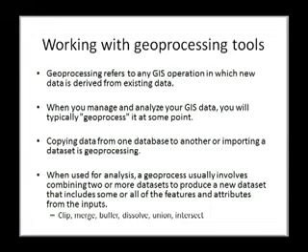When geoprocessing is used for analysis, it usually involves combining two or more data sets to produce a new data set that will include some of the features and attributes from the inputs. A real common thing we do is clip data. For instance, the North Carolina Department of Transportation has a roads layer of the entire state of North Carolina.